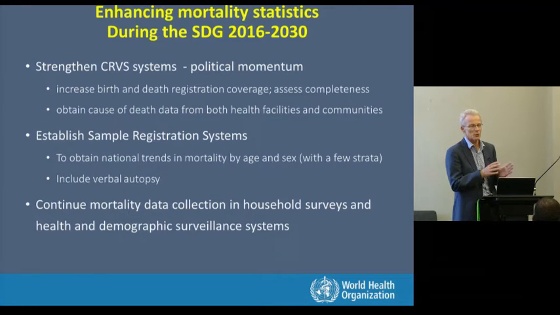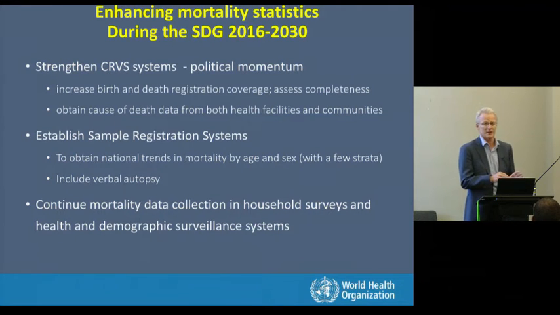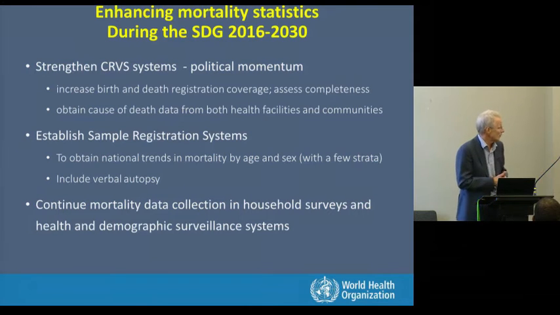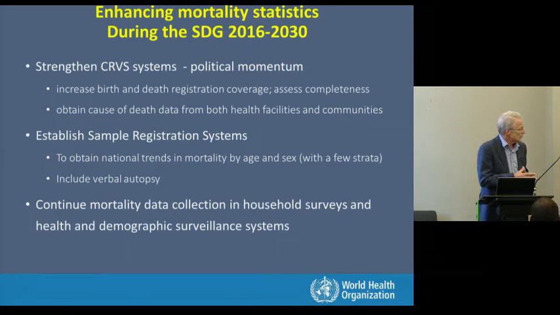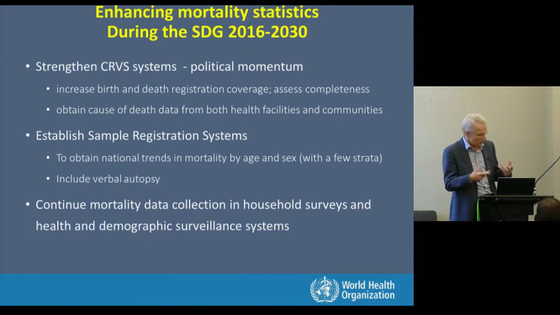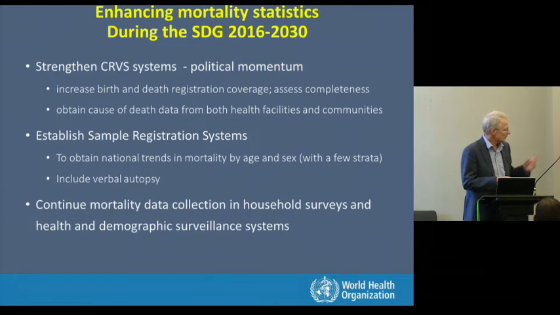But these systems will not generate good vital statistics until a decade or so later, in my view. And then while doing that, also obtain cause of death data from facilities and communities. So work on that at the same time.